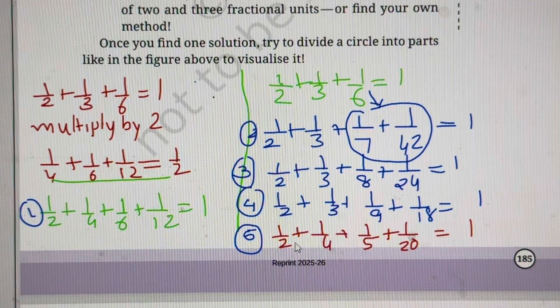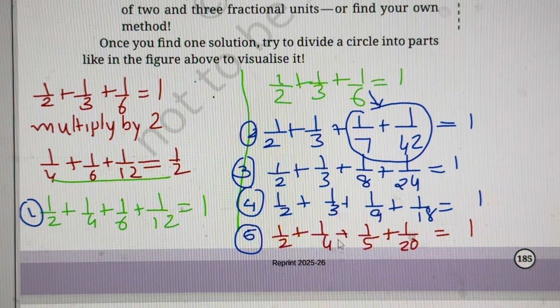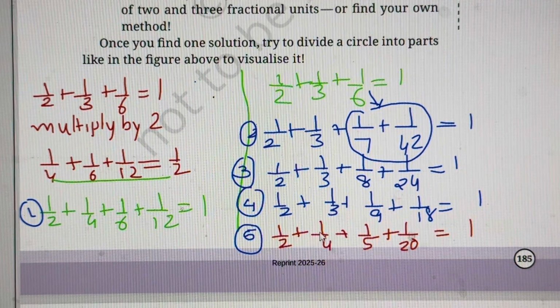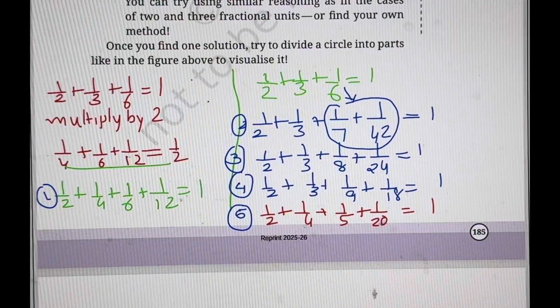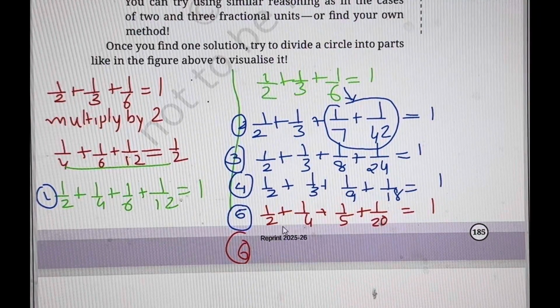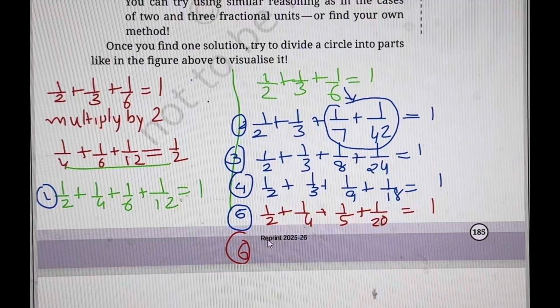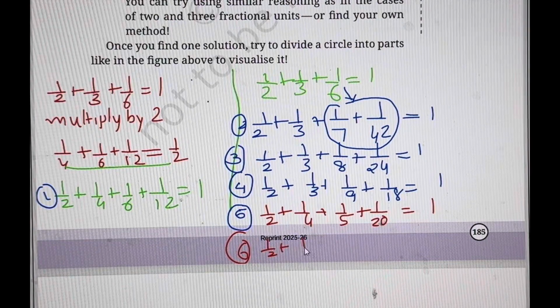In this case, what are we doing? We have half plus 1/4, and what is remaining is 1/4. So we are replacing 1/4 with these 2 fractional units. The sixth answer is 1 upon 2 plus 1 upon 3.